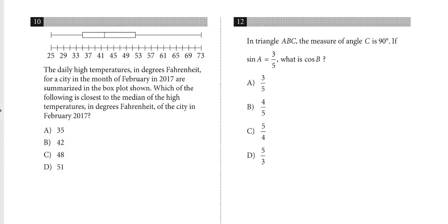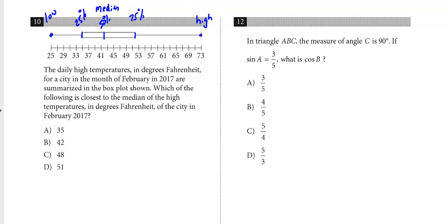So how you read these box and whisker plots? This is the low value. This is the high value. If they wanted the range, we could subtract those two numbers. This right here represents the 25th percentile. This right here is the 50th percentile, aka the median. And then this right here would be the 75th percentile.